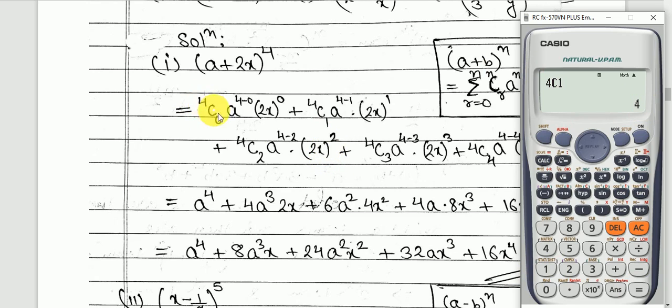So here 4C0 is 1, so 1, a to the power 4 is a to the power 4, 2x to the whole power 0 means 1, so I got a to the power 4. For the second, 4C1 means 4, a to the power cube, 2x to the power 1. Then I have to find 4C2.